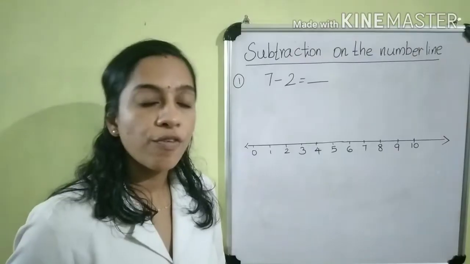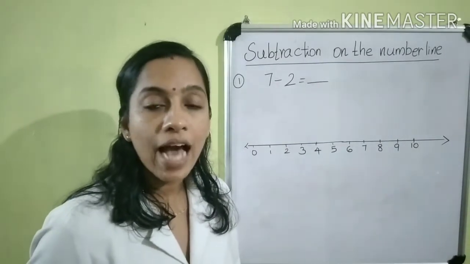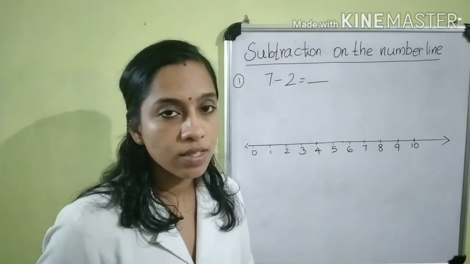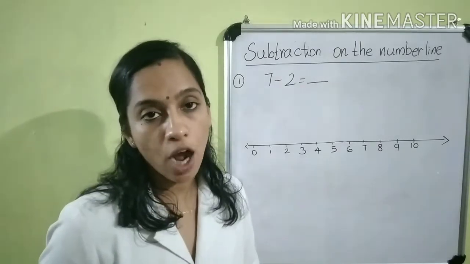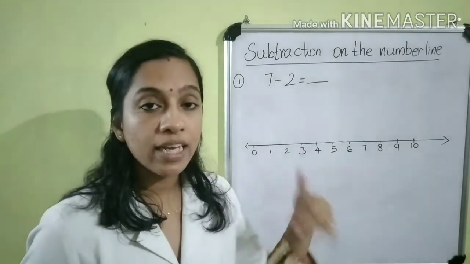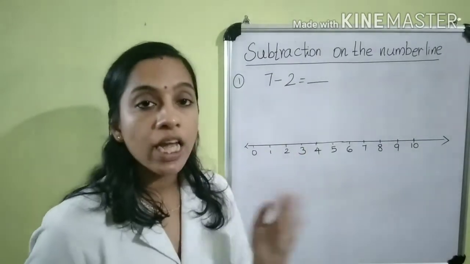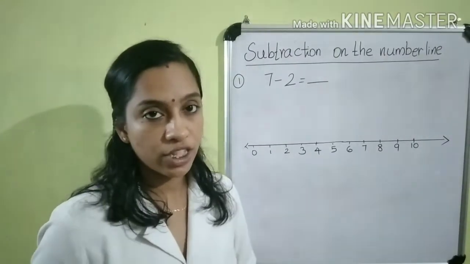Okay. For finding the answers on a number line, we have to draw gems. Did you remember the gems? Yes. We make one gem for every count. In addition, we draw gems in the forward direction. But in the case of subtraction, we have to draw gems in the backward direction.